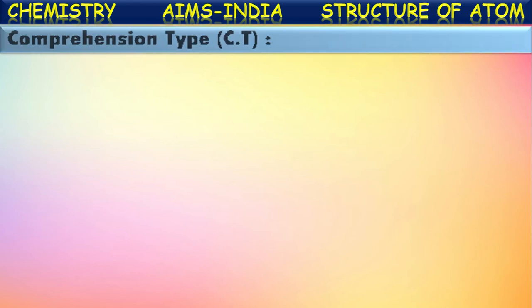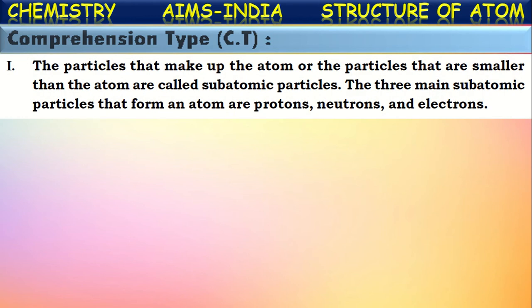Next, let us see comprehension passage type questions. First, see the comprehension paragraph given. The particles that make up the atom, or the particles that are smaller than the atom, are called subatomic particles. The three main subatomic particles that form an atom are protons, electrons, and neutrons.